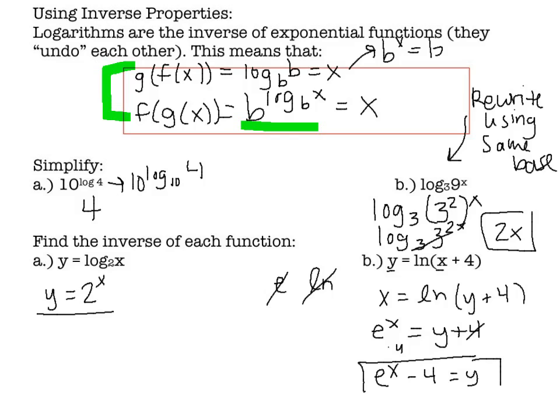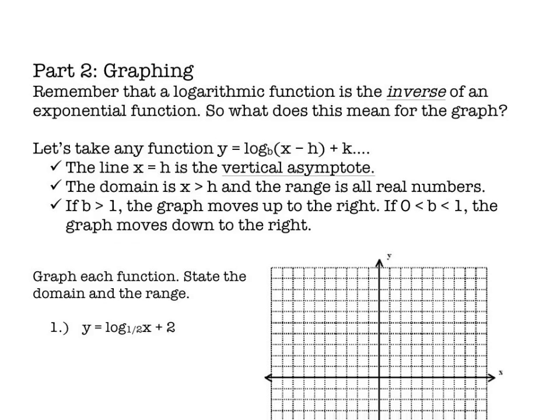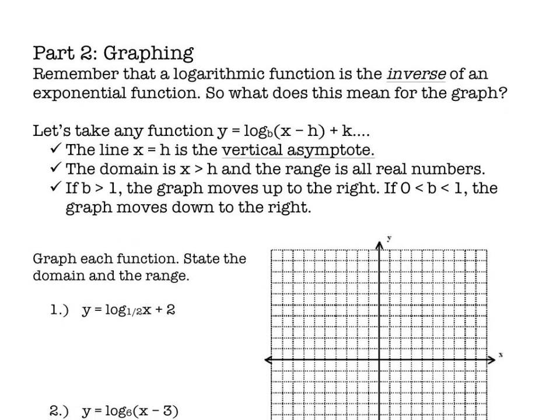So again, we have to really remember that a logarithmic function is the inverse of an exponential function. So what does that mean for graphing? Let's take just a basic log function of any base b, and then I have an h and a k. The line x is equal to h is going to be our vertical asymptote. That makes sense because when we graphed exponential functions, we had a horizontal asymptote.